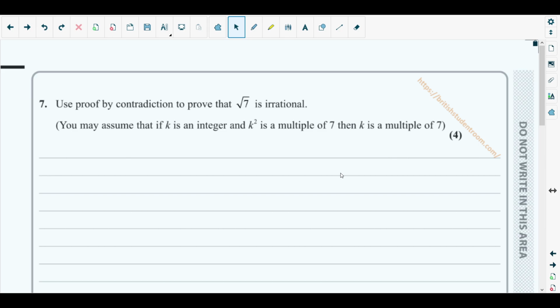So the main theme of proof by contradiction is that we will assume the opposite thing to be true, and considering the opposite thing as true, we will keep doing the algebraic workings, and as we do the workings we will see that we are approaching towards something that is impossible to happen.